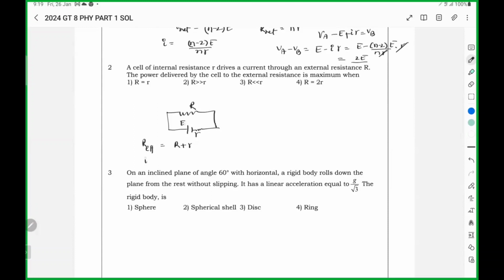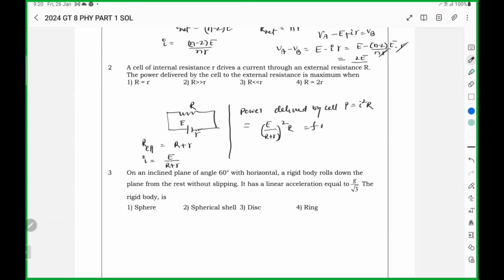EMF of the cell is E. By Ohm's law, the current through the circuit is this. So the power delivered by the cell is equal to I square R. So that is equal to E by (R plus r) whole square into R.